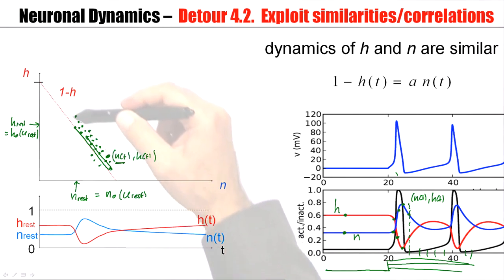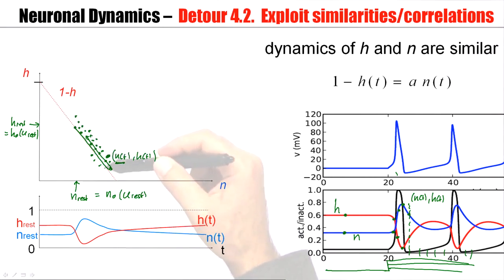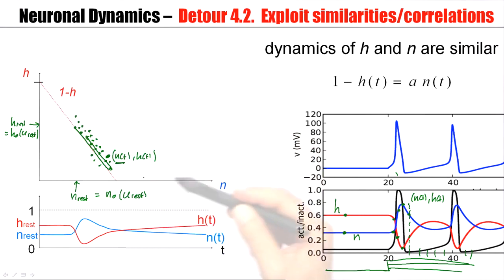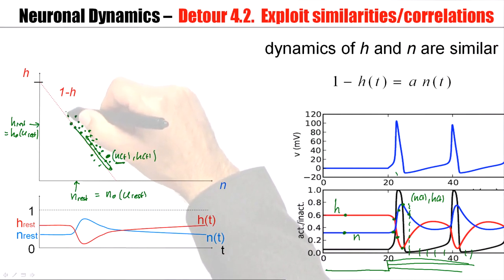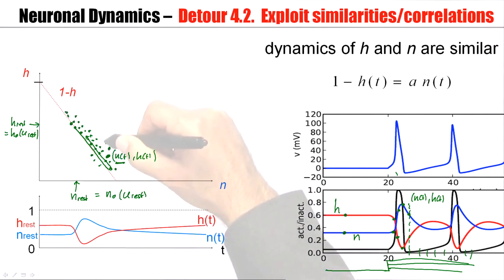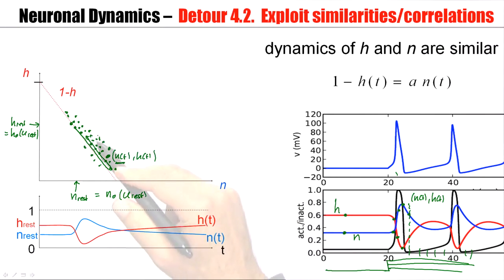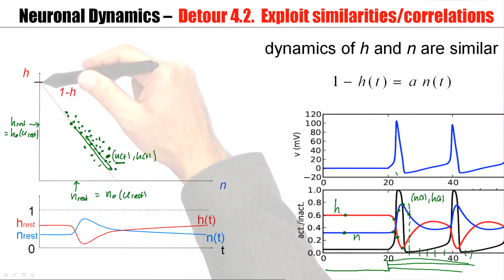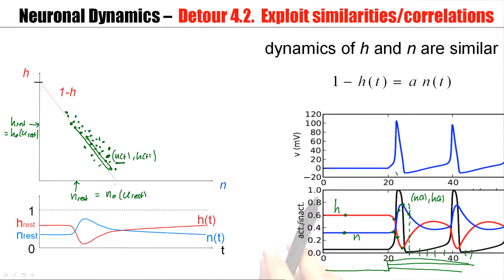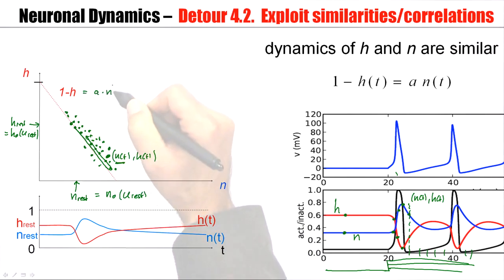There's a cloud of data points, and this cloud of data points does not fill the two-dimensional space equally. But this cloud of data points is elongated. And it has a preferred direction. And this preferred direction is given by the red dashed line. So the red dashed line represents the function 1 minus h equals a times n.